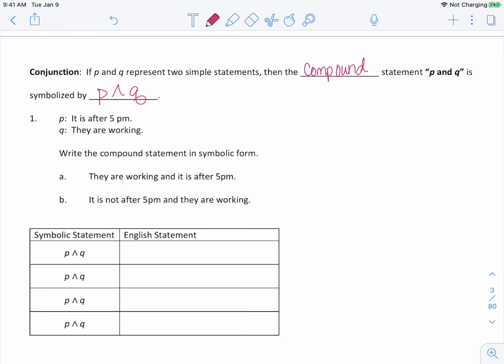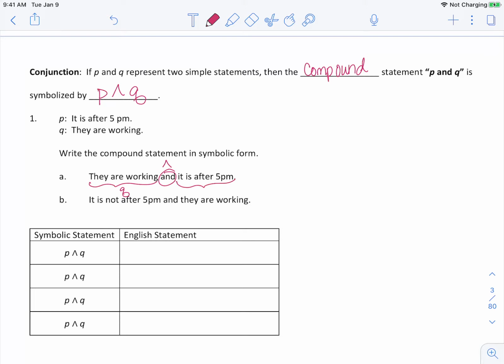Okay, so for A, they are working and it is after 5 p.m. So they are working, that is part Q. And this is our and symbol.